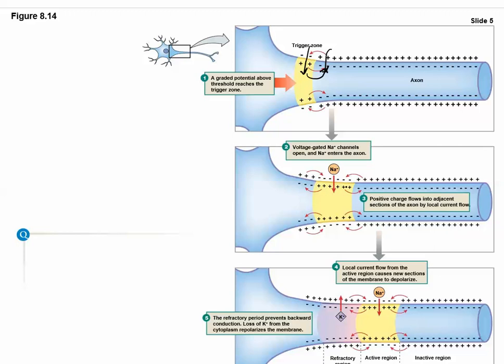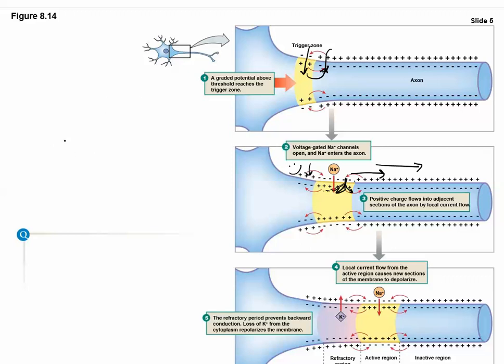However, it can't go backwards, because if this is sharing with this general area, and let's say that it fades as it moves back here, by the time it gets here with these that are ready to go again, that signal where it's depolarizing right now isn't enough to make it all the way over there. So the only thing that happens is it moves in this direction.